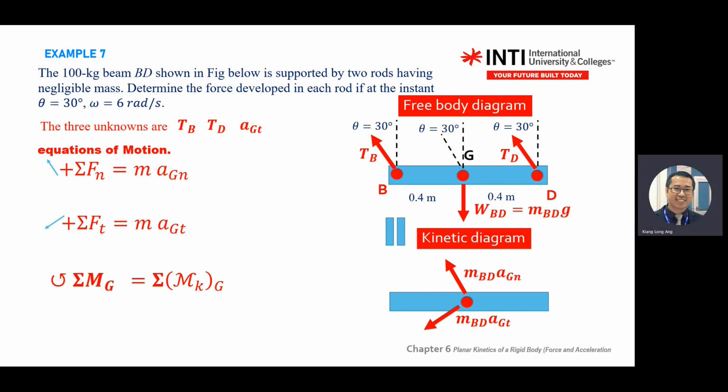What is on the left hand side? How do you write? Left hand side, you look at which diagram? Free body diagram. At what point? You close G. How many forces you have? Three forces. You want to calculate moment.